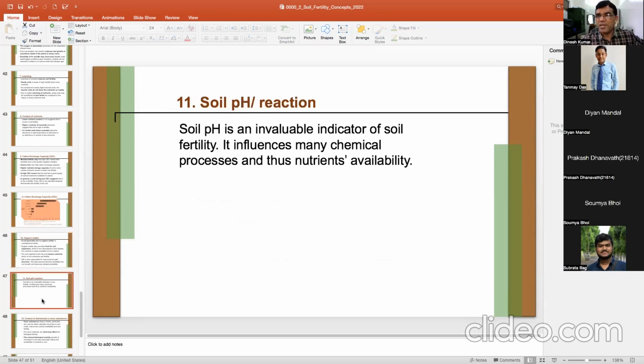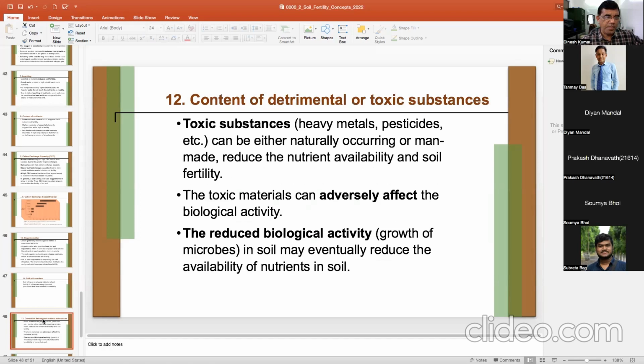Soil pH: if your pH is ideal, your soil will supply nutrients better. If your pH is too acidic or too alkaline, then those soils are not considered fertile. Content of detrimental or toxic substances. Any soil which contains more chemicals, heavy metals, pesticides, or polythene or other pollutants may be considered less fertile compared to soil which does not have all these toxic materials under comparable conditions.